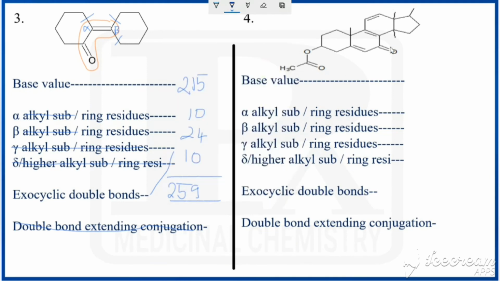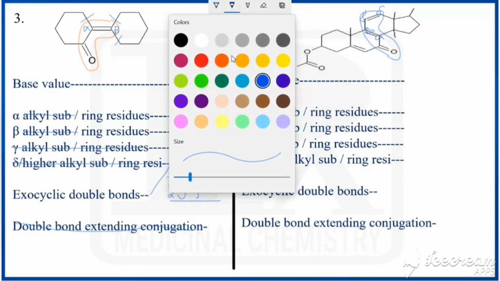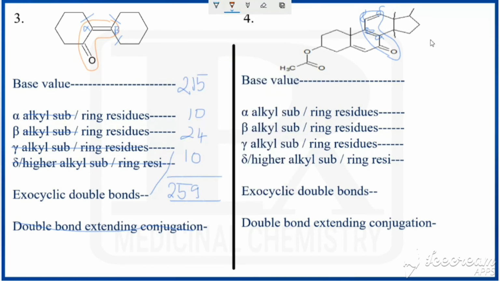Okay, so here this is the parent. This is called alpha, this is beta, this is gamma, this is delta. Here it is the same as the earlier one.